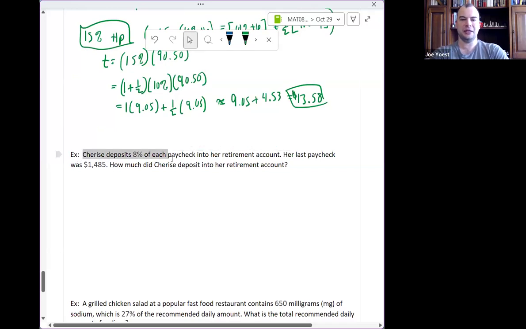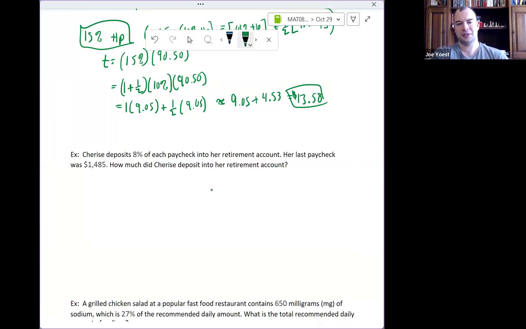So Charisse deposits 8% of each paycheck into her retirement account. Her last paycheck was $1,485. How much did Charisse deposit into her retirement account? So she deposits 8% of each paycheck.